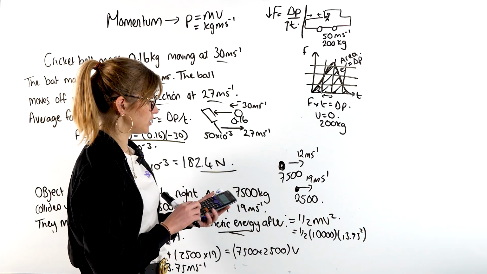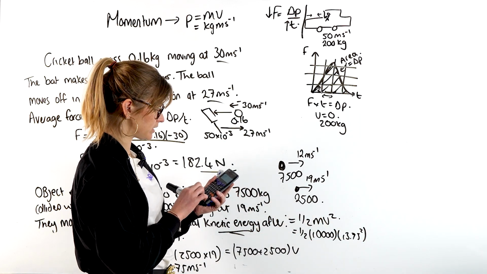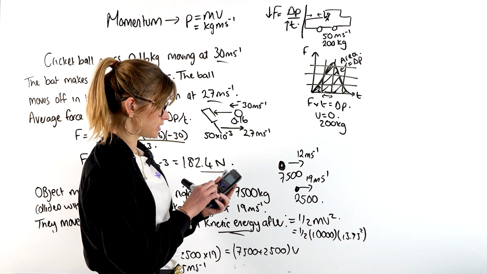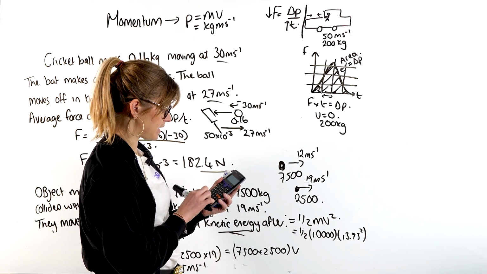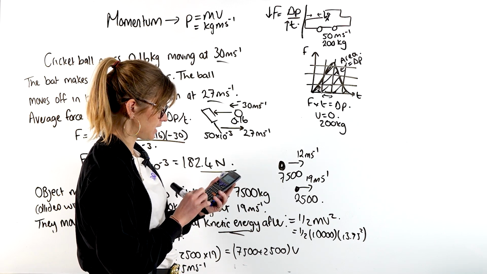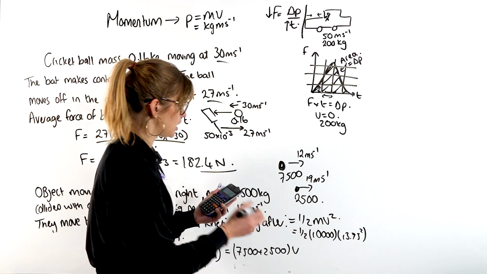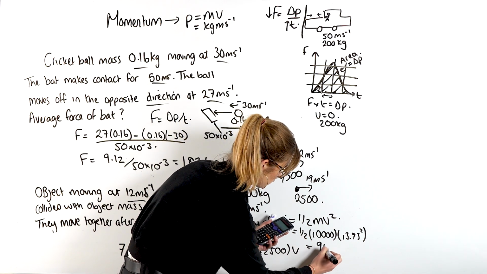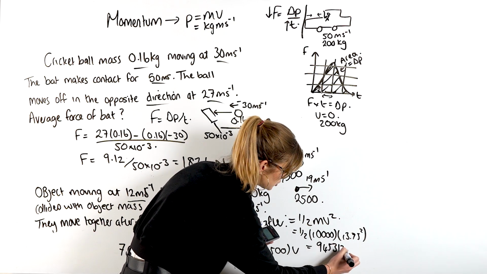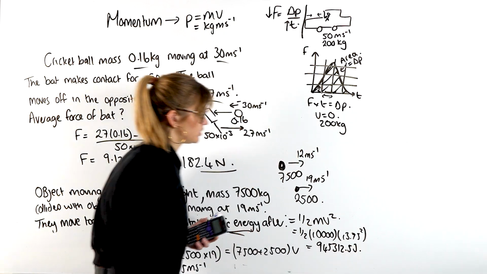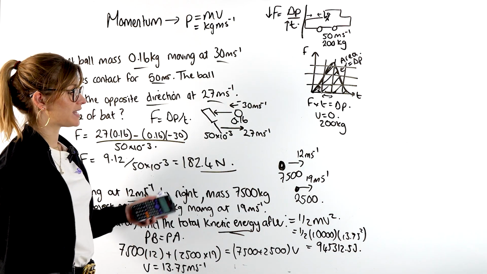So when you do that in your calculator, 13.75 squared multiplied by 10,000 and divided by 2 gives us a kinetic energy after of 945,312.5 joules.